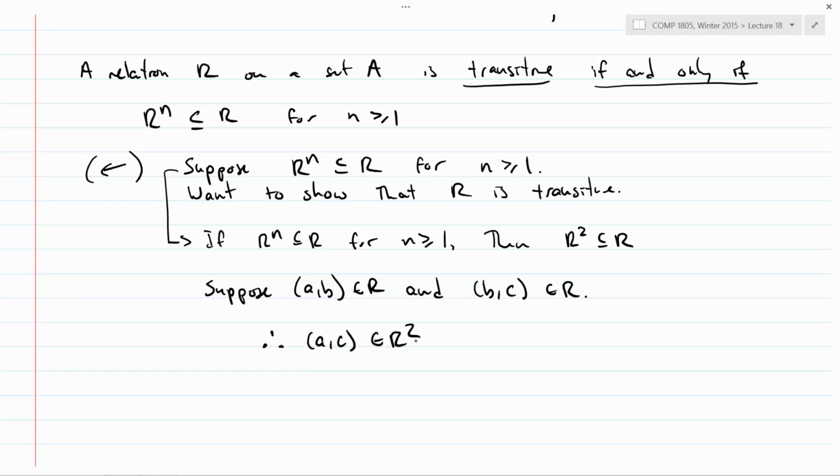There's one fact that I know that I haven't used yet. Since R squared is a subset of R, anything that's in R squared is also in R.